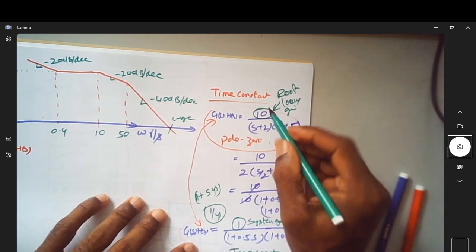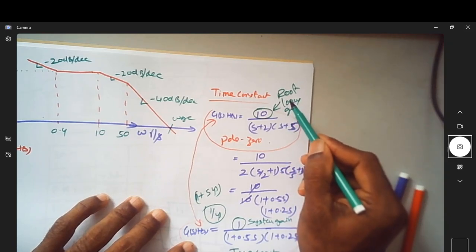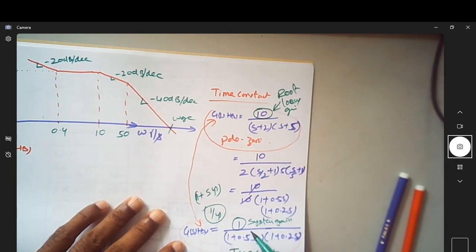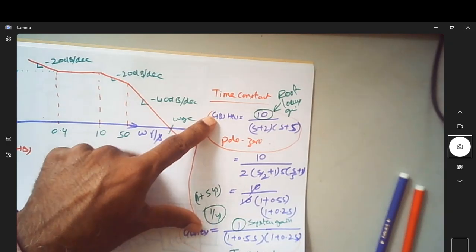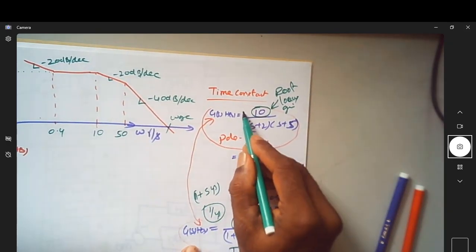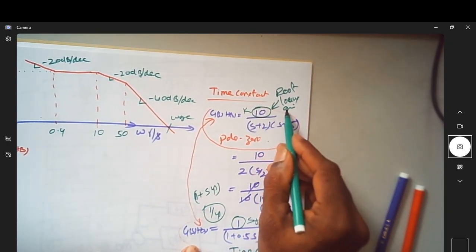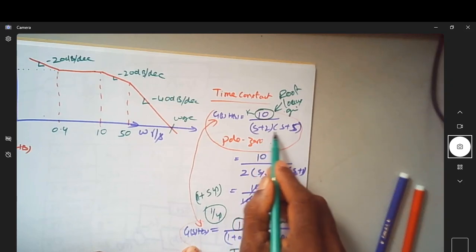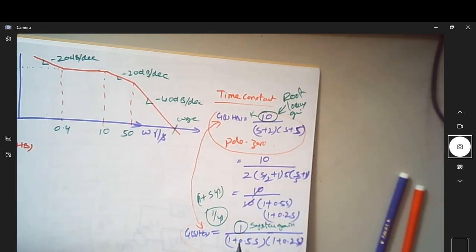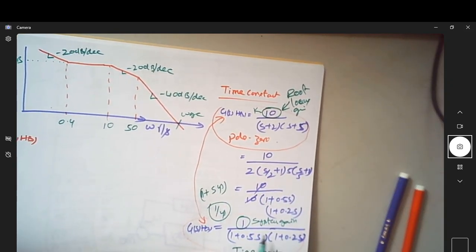For this system, 10 is the root locus gain, 1 is the system gain. So both are the same transfer function. This value of k is called the root locus gain because the representation is in pole zero form. Here the representation is in time constant form. The corresponding k is now the system gain.